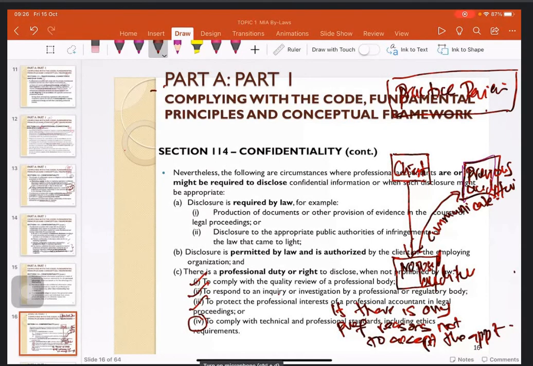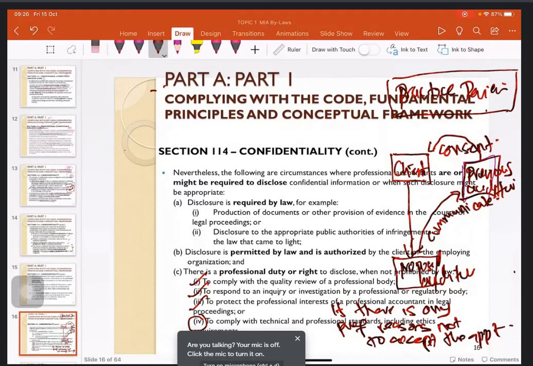Okay, now because we are talking about confidentiality, so apa yang previous auditor need to do adalah the previous auditors need to get consent. Dia kena dapatkan consent daripada client to disclose information kepada you. Okay, so bila client give the consent, barulah dia boleh disclose the information. Selagi client do not allow, so the previous auditors cannot disclose any information.